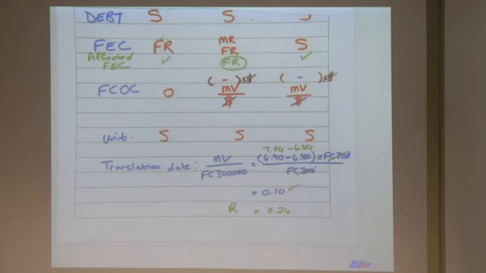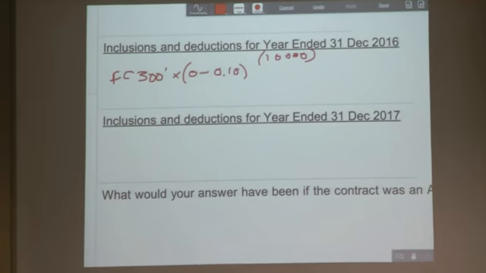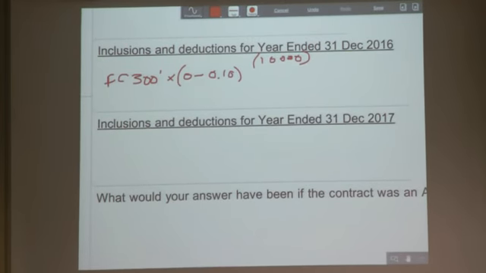Remember, that's how you would do all your foreign currency differences. So I've got my foreign currency amount of 300,000 multiplied by the difference, 0 to 0.10, and that gives me 30,000. Is the 30,000 a gain or a loss? It's a gain, right?